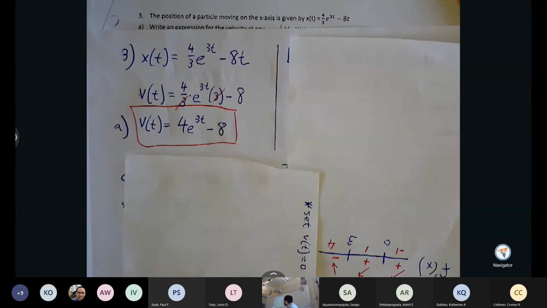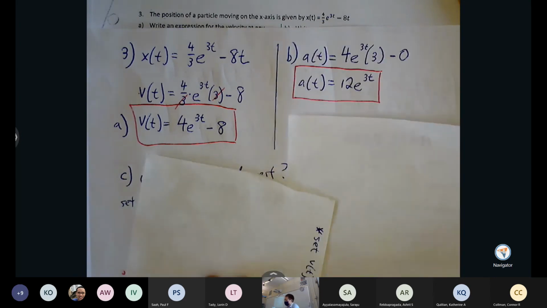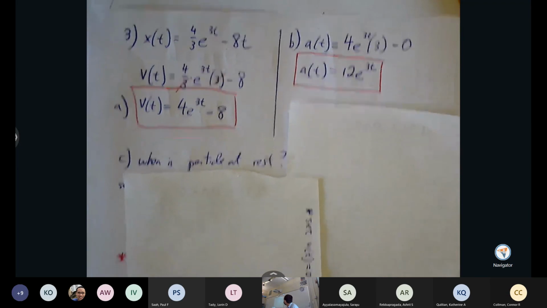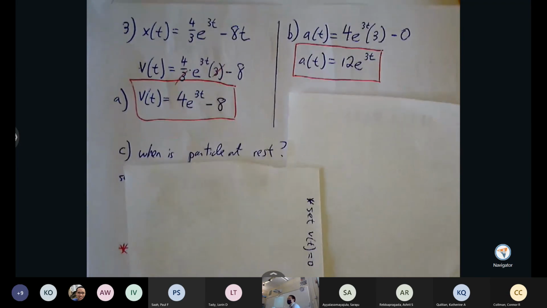And then we go through derivative process again to get from velocity to acceleration. Here's acceleration. Any questions there?